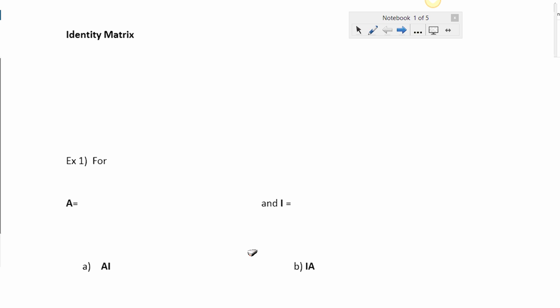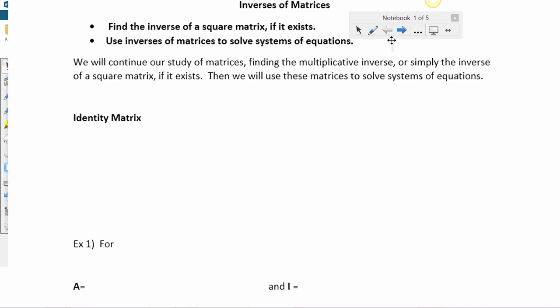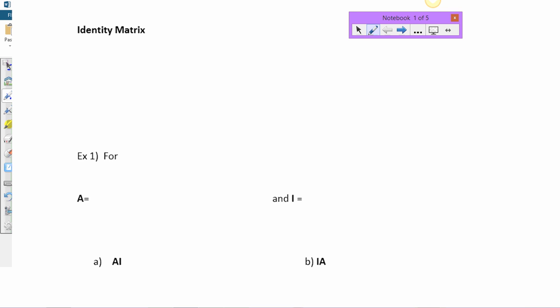So, example 1. We have matrix A and we have matrix I. So we're going to write down what those matrices are. Matrix A is a 2 by 2 matrix: 4, -7, -3, 2.